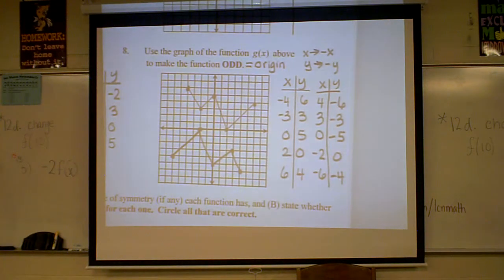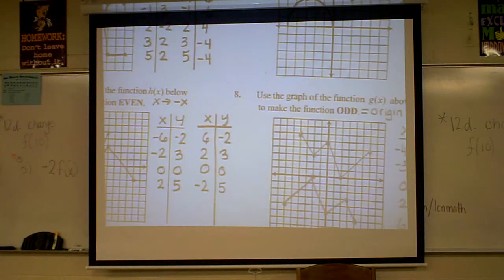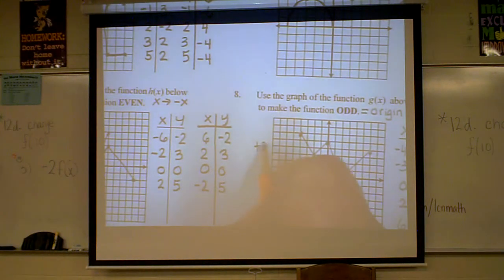And that is symmetry to the origin. Each of these graphs, 5, 6, 7, and 8, were worth 3 points each.